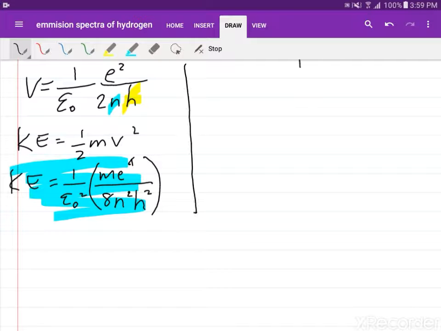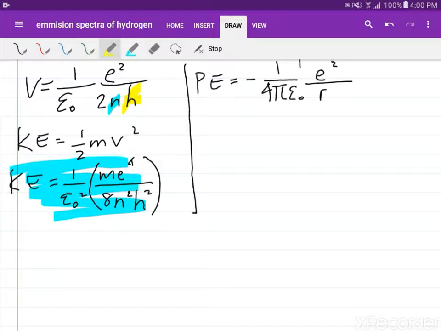Okay, so now what about the potential energy? So for our potential energy, this is given by negative 1 over 4 pi epsilon naught e squared over the radius r.